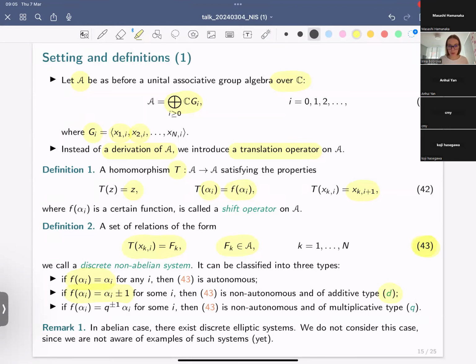The last type is called multiplicative type, or Q type.